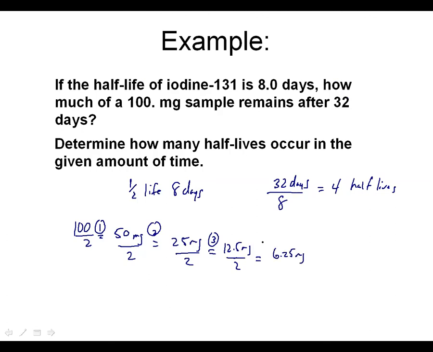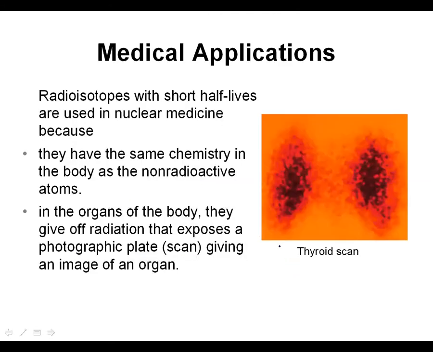That's after our fourth half-life. So here again, we figured out the total number of half-lives there was and divided by 2 that many times. Any questions on that? So that's not too bad to figure out, how to calculate the half-life.